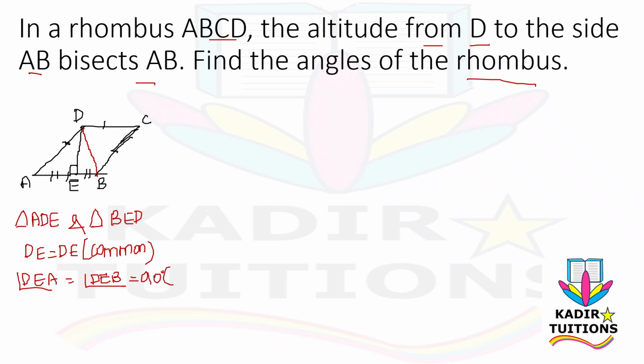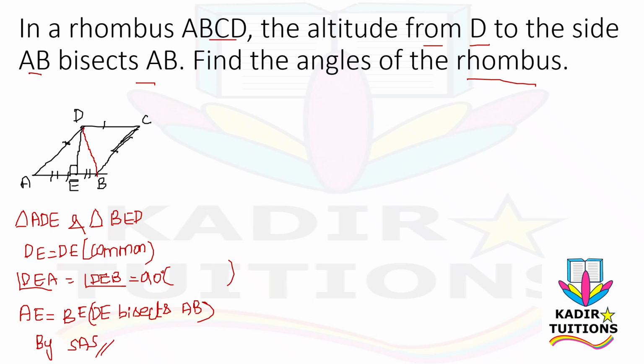And still we need one more criterion, right? So I can say AE equal to BE. Why? Because E bisects AB, or you can write DE bisects AB, right? So which criterion is this? SAS criterion. So by SAS criterion, these two triangles are congruent with each other.